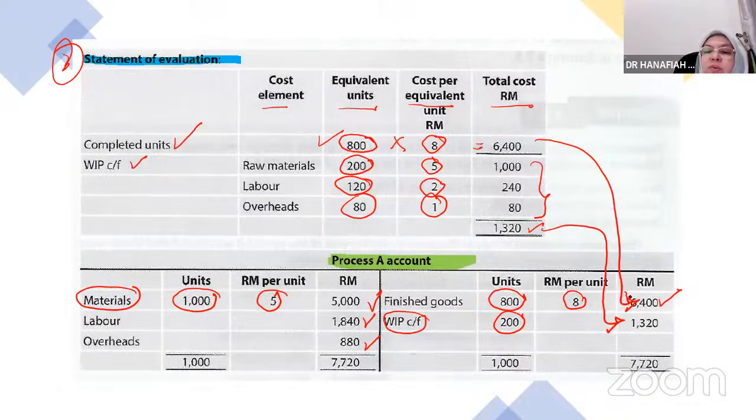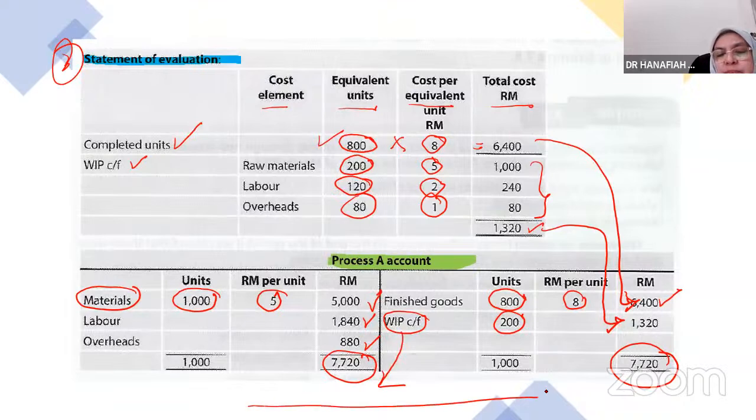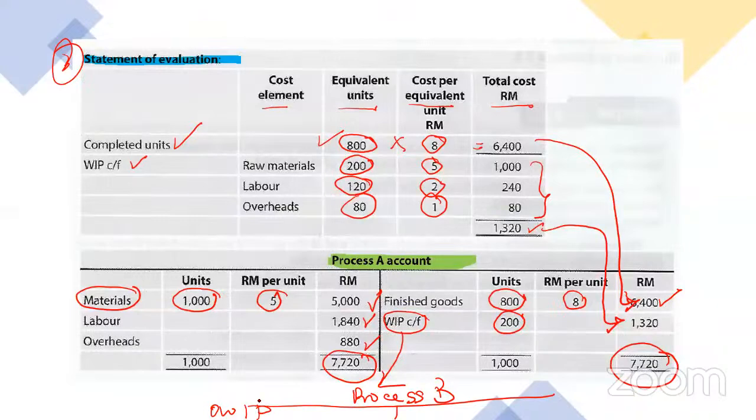You should have reached the balancing amount of 7,720. All right, and the work in progress here would be transferred to process B, and in process B, this would be the opening work in progress.